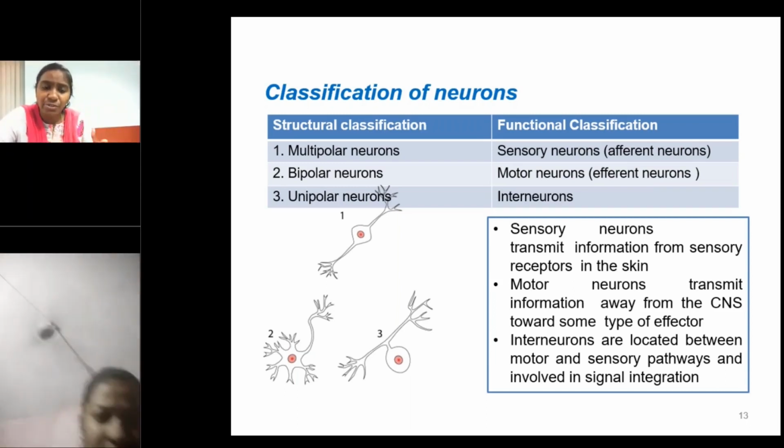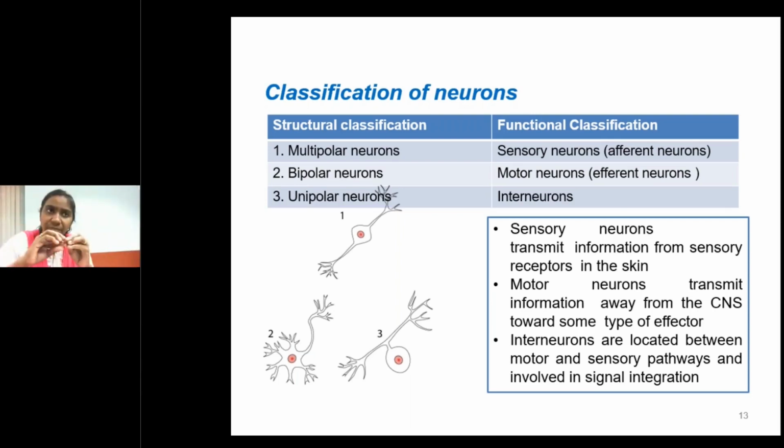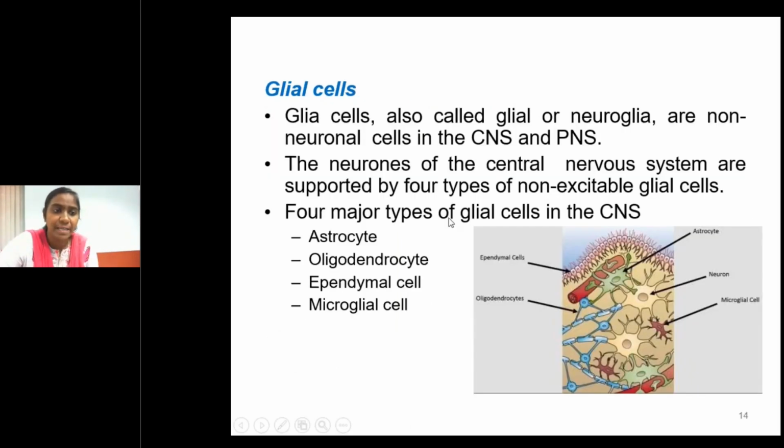I told you, interneurons means neurons located between the motor and sensory pathways, and these are called unipolar neurons or interneurons.